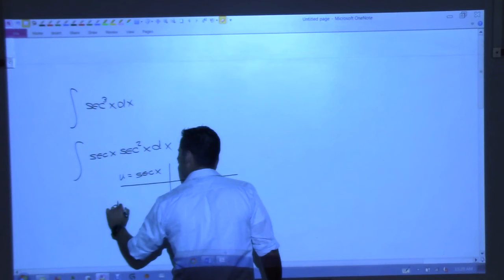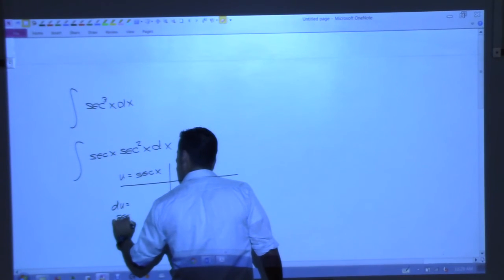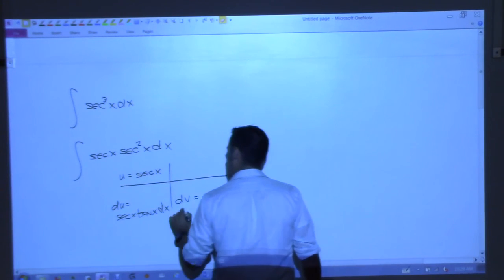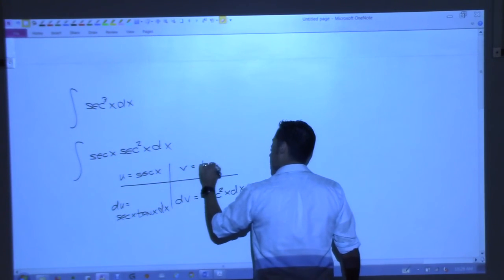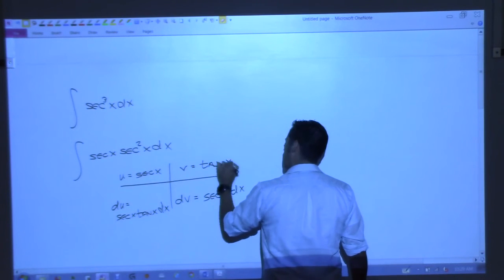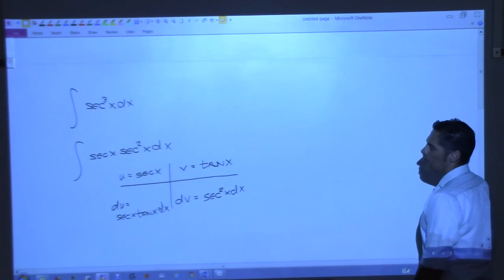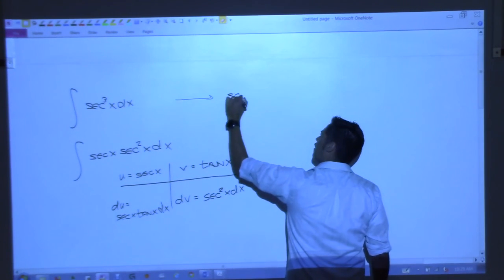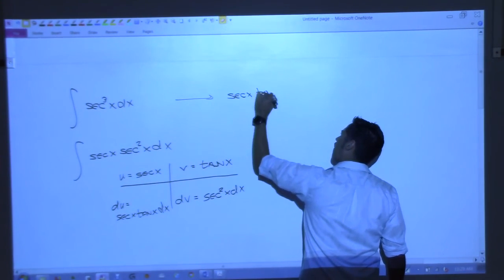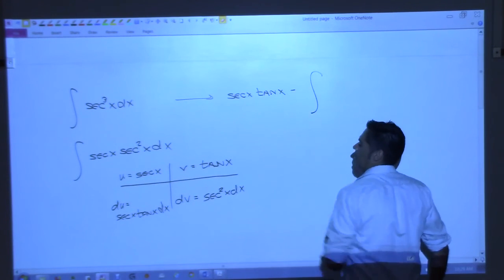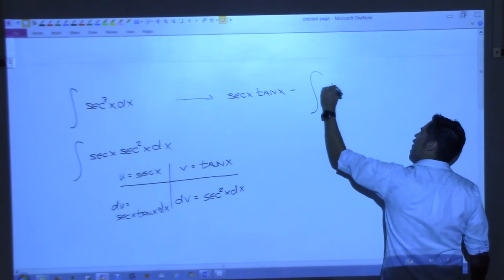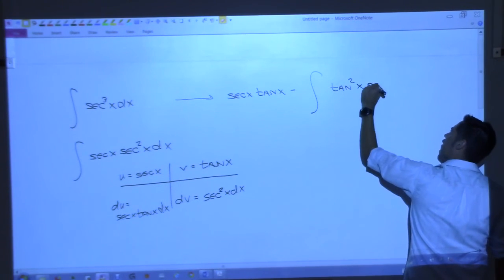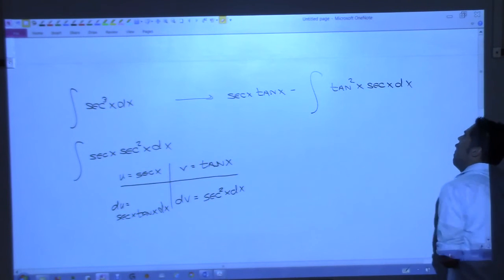Then du becomes secant x tangent x dx, and v becomes tangent x. So the new integral becomes secant x tangent x minus the integral of tangent squared x secant x dx. Do you all agree?